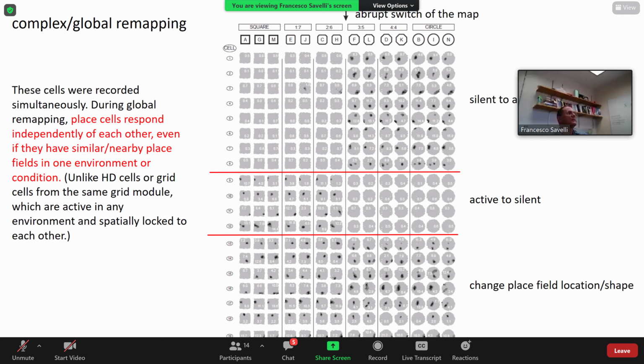wait, I got, oh, so people were on the chat, sorry. So, would the Mandela effect be an example for reconsolidation? Well, I'm not sure I'm familiar with the Mandela effect. Stephanie, if you want to unmute yourself and tell me.